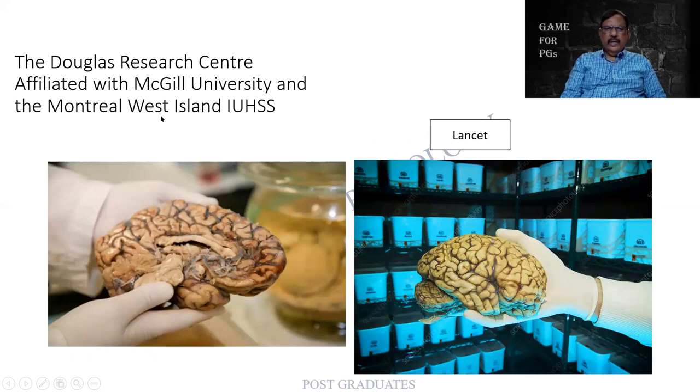And this again, a continuation of the brain banking. This is a particular source from which I have retrieved the specimen. It has been well fixed, probably by means of perfusion, and it is stored. You find that there are numbers that are being given and a wonderful storage interior being maintained.